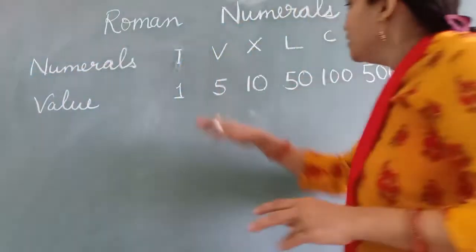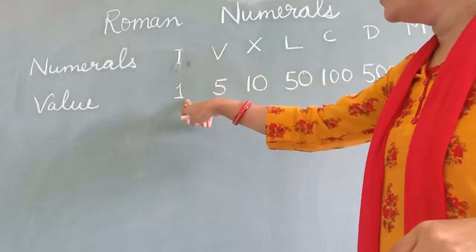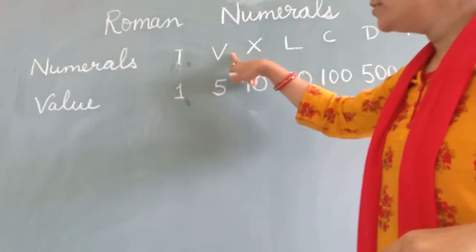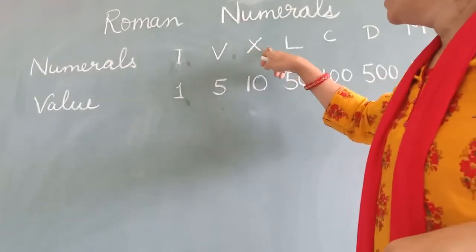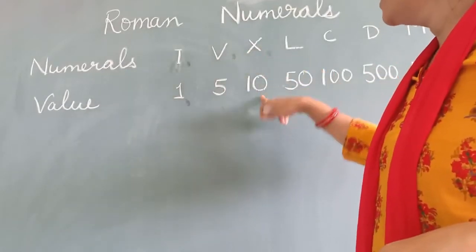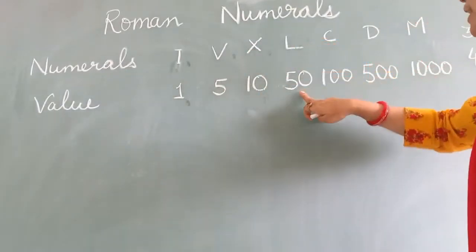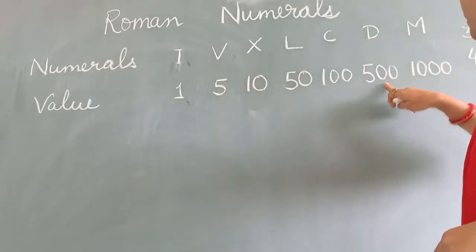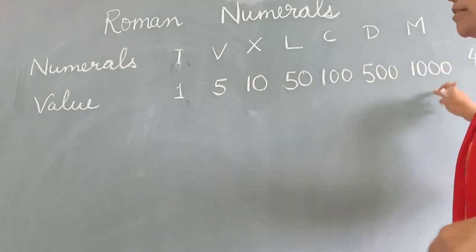And you see, I denotes 1. The value of I is 1. V denotes 5. X denotes 10. L is 50. C is 100. D is 500 and M is 1000. You have to learn, okay?